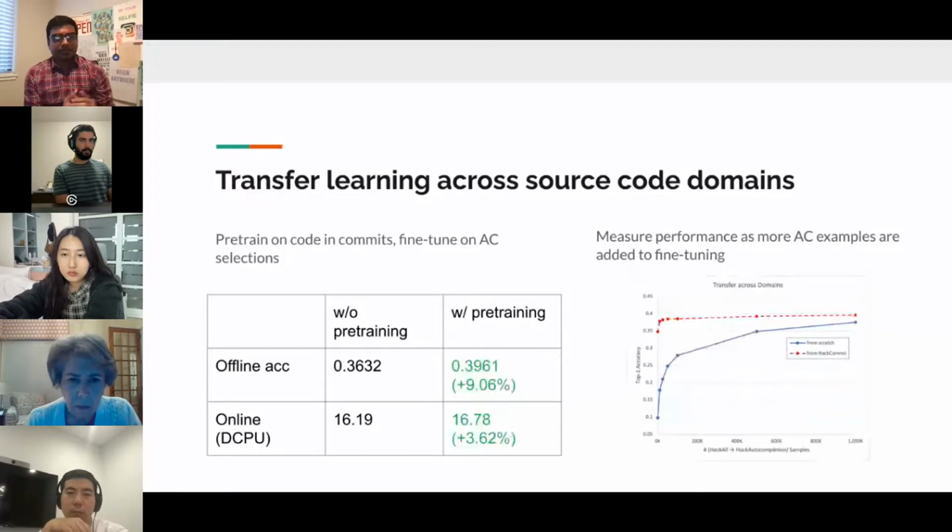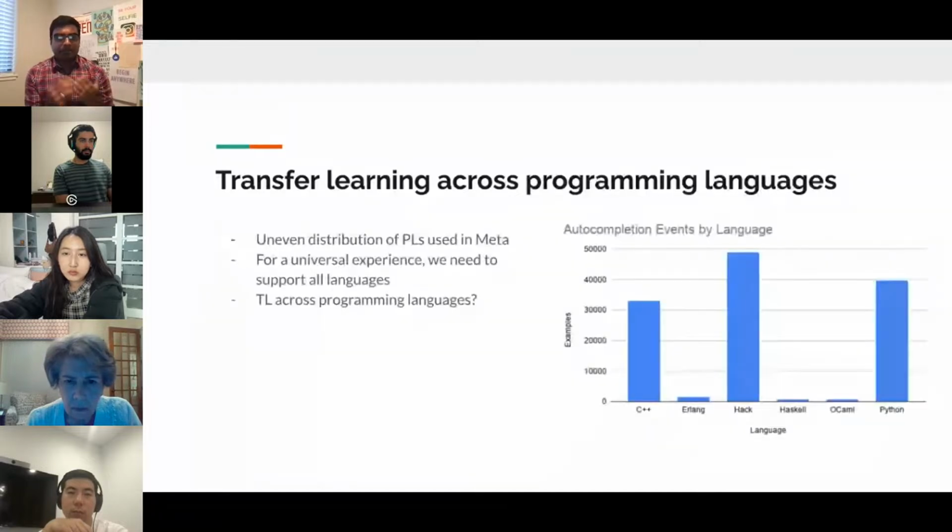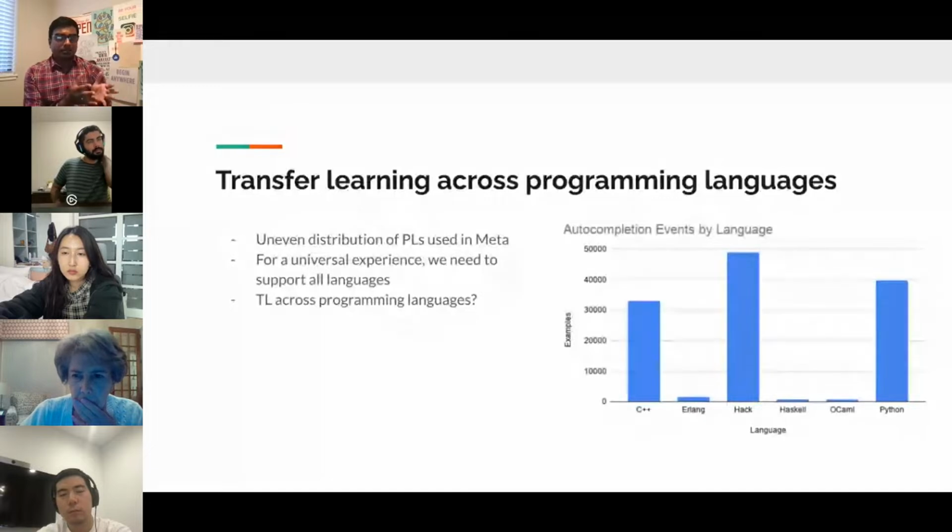And finally, we are asking the question of transfer learning across programming languages. Over here at Meta, there is an uneven distribution of programming languages, and this is common across large industrial settings. For the auto-completion experience to be uniform, we want to support all of the languages as much as possible. So can we actually train an auto-completion model on one language and use it to power suggestions in a different language?